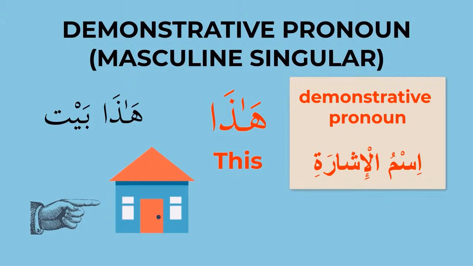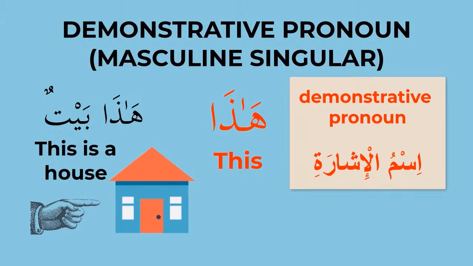But for our course, we will repeat dun dan din, because we want to understand properly. So you will always be reading Hatha baytun. What is the translation? This is a house. Indefinite.